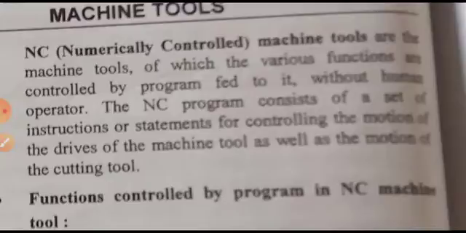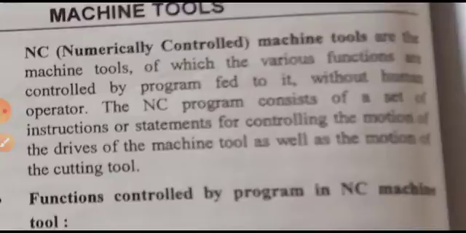Similarly, there are a few programs in mechanical engineering also that you have to write for the specific operation or to manufacture any specific component. You have a specific machine tool language. We will see further about that language. That program is fed to the machine and it works without a human operator.